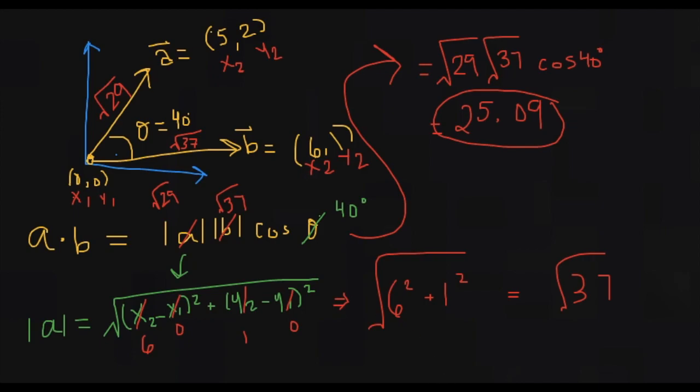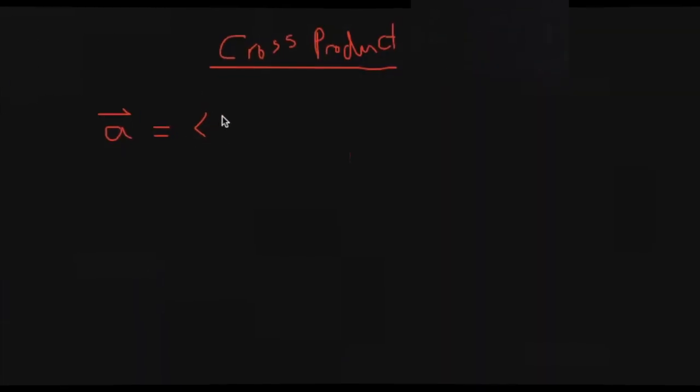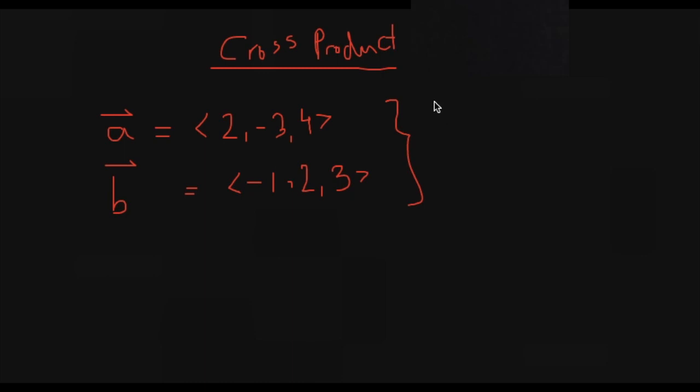Now let's move on to the third type of multiplication, which is the cross product. Suppose we have vector A and vector B. Let's write these out into ijk form first. 2i minus 3j plus 4k, and negative 1i or negative i plus 2j plus 3k. To do the cross product, we are going to set it up like this.